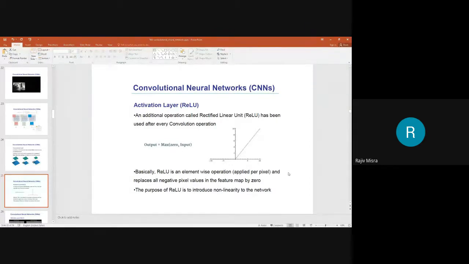In ReLU, if the input is negative, it will output 0, and if it is any positive value, then the same value will be produced. So the function of ReLU is the maximum of 0 and the input. ReLU is an element-wise operation that is applied per pixel and replaces all the negative pixel values in the feature map by 0. The purpose of ReLU is to introduce non-linearity in the network.